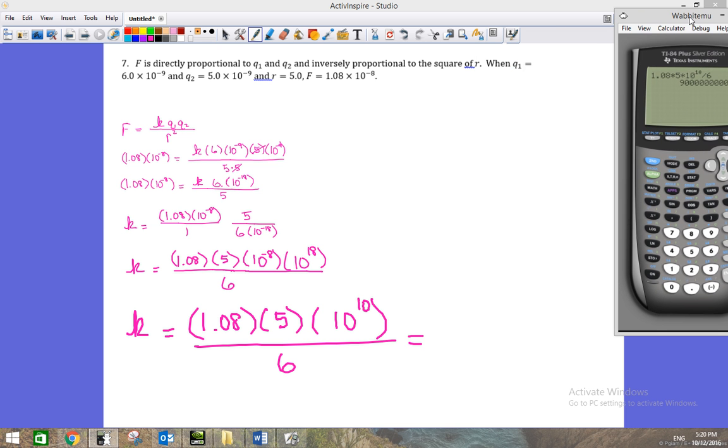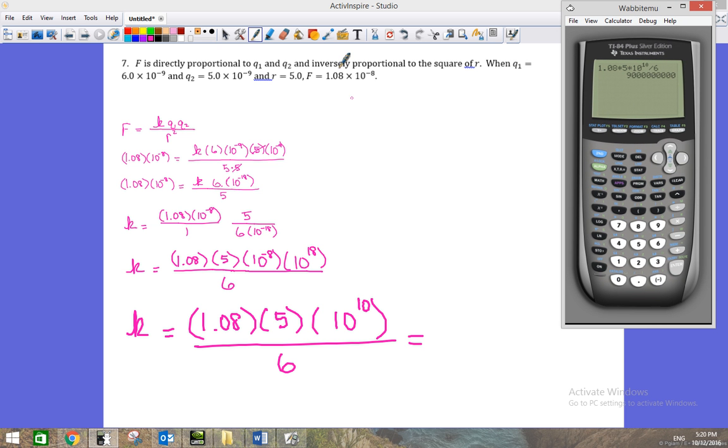So I don't remember which buttons to push to get it in scientific notation, but your calculator might write that as the exponent is the number of zeros. So 9 zeros. I wish that it would put the commas in there. So that's what I'm getting for K.